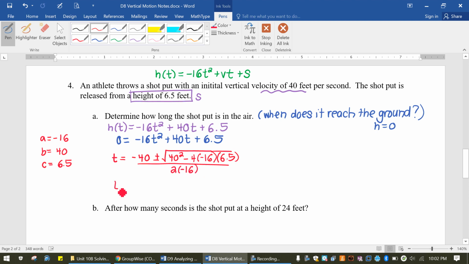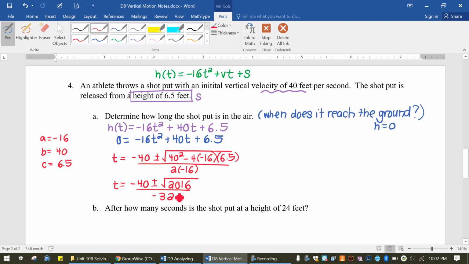All right, so if we simplify what's underneath the square root, we've got negative 40 plus or minus the square root of 40 squared minus 4 times negative 16 times 6.5, which in your calculator will be 2016, all over negative 32.